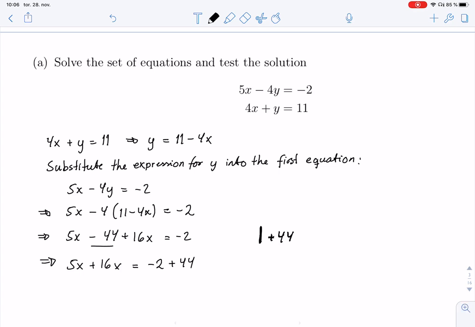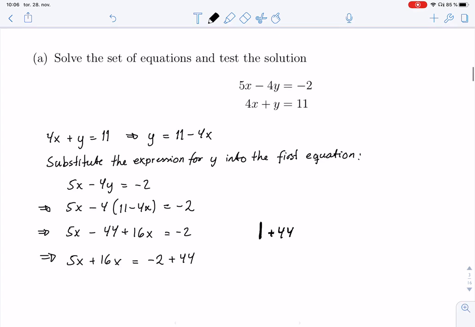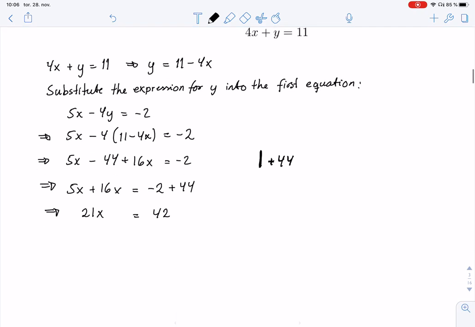So minus 44 plus 44 becomes 0. And now we have 21 x's equals 42. Then we multiply with 1 over 21, which will give us x equals 2.